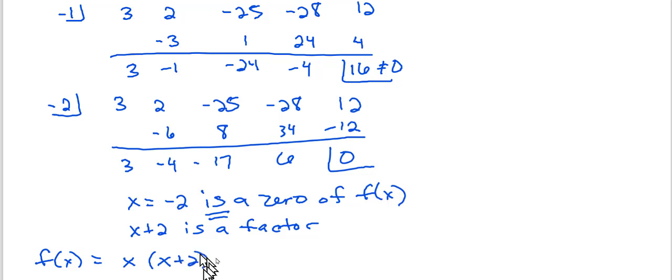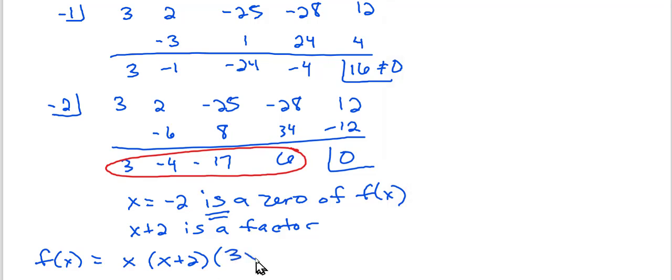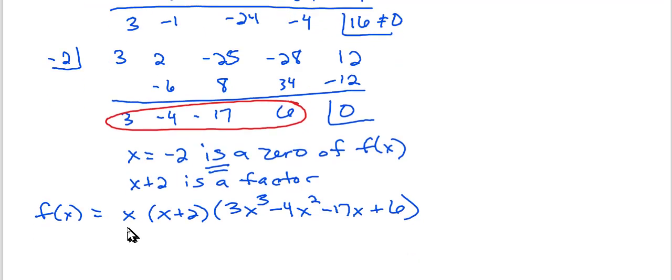We just figured out that x plus 2 is a factor, and now I'm going to use these numbers as my coefficients on the other remaining factor: 3x squared, x, constant. 3x cubed minus 4x squared minus 17x plus 6. Don't forget that x that we originally factored out. That's where that came from.